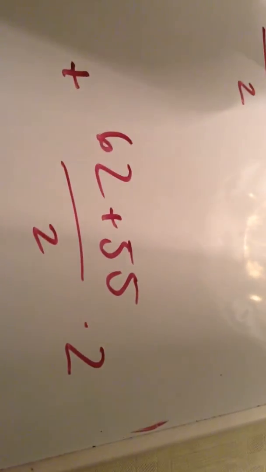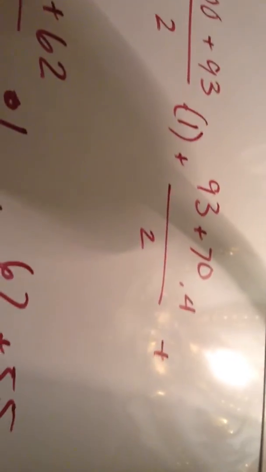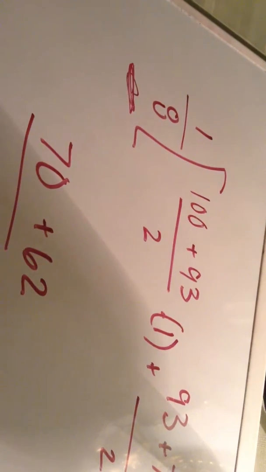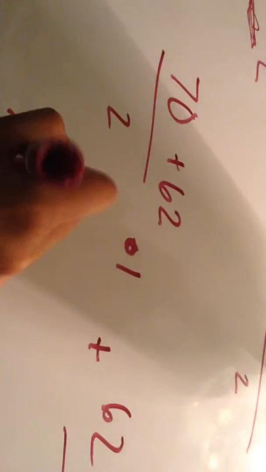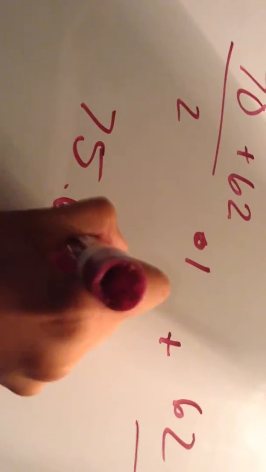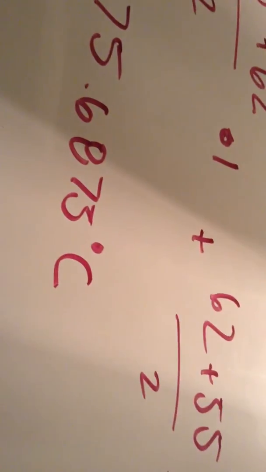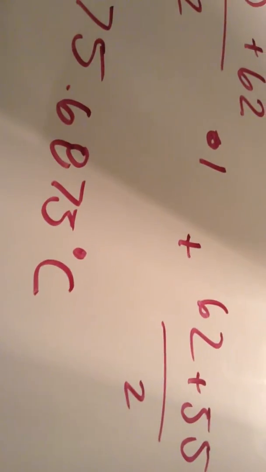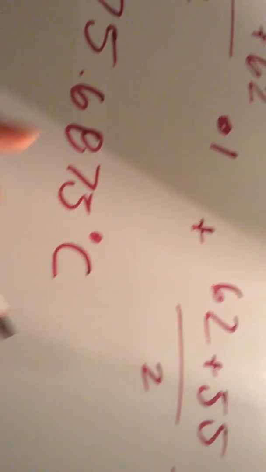Okay, so when you do this all, make sure you divide by 8. That's important because that's your average value part. So the answer will be 75.6825 Celsius. But you can always shorten this down to 3 decimal places.